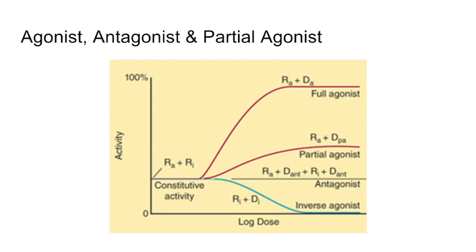One other thing that's a little bit more academic is the partial agonist. So the partial agonist, even though it's in between the antagonist and the full agonist when it comes to activity, is almost acting as both.